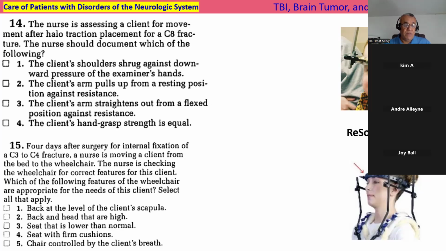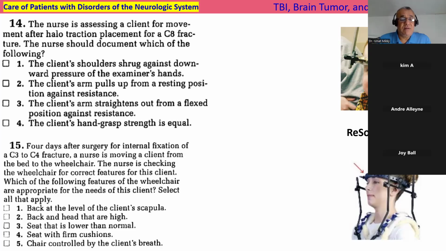So number 1 checks motor function for C4 to C5, number 2 checks C5 to C6, and number 3 checks C7. And then obviously for C8, the answer was number 4. So that's number 14 and number 15.